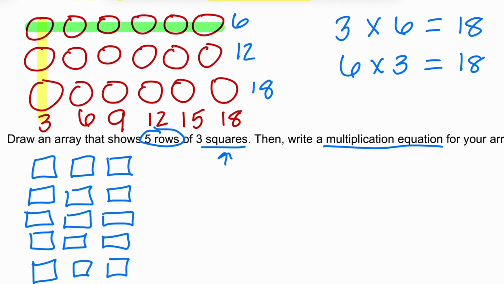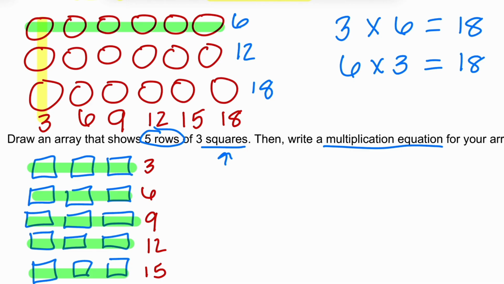Okay? Now you can choose how you want to skip count. In this case, I'm going to skip count by 3s in each row, which will make it easier for me when it comes to skip counting because I know my multiples of 3. So I'm going to do 3, 6, 9, 10, 11, 12. Well, it's actually 9, 10, 11, 12, 13, 14, and 15 is last.